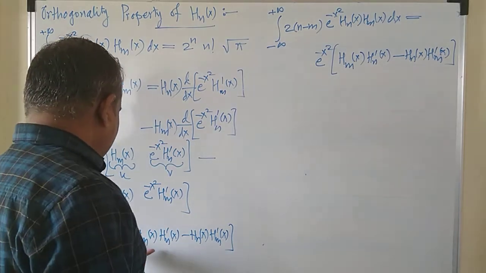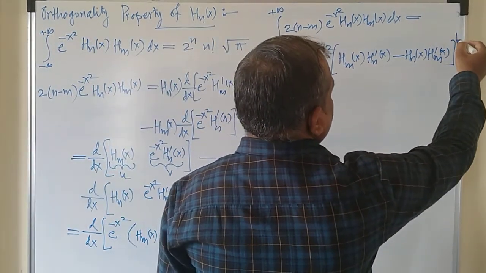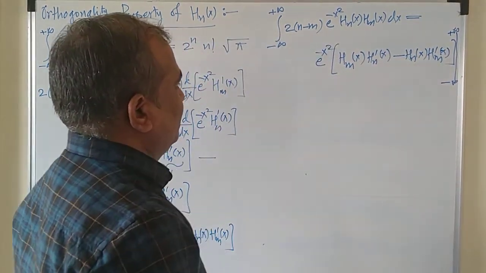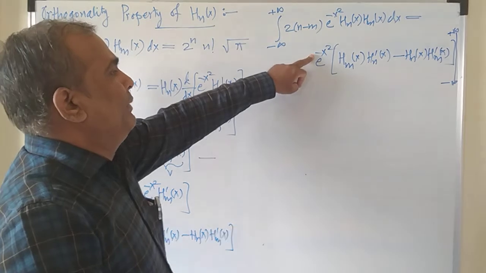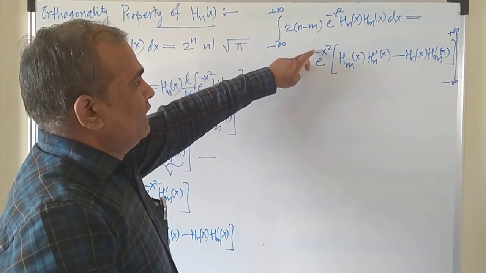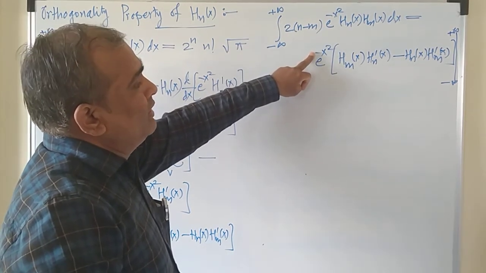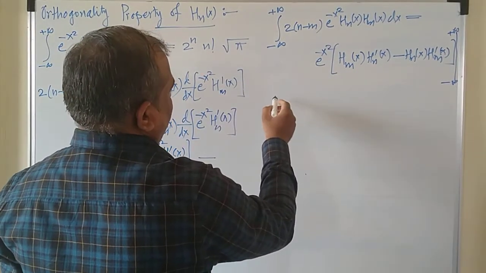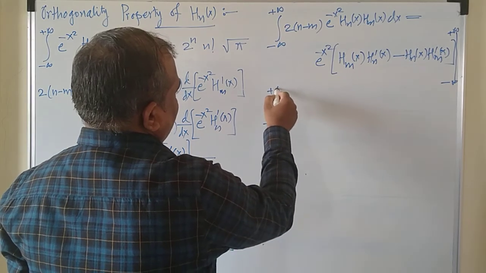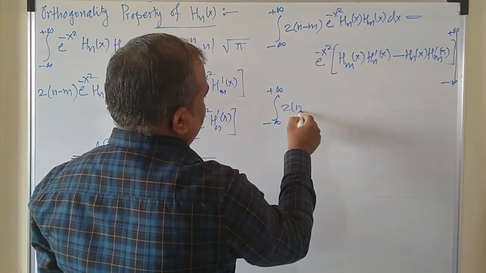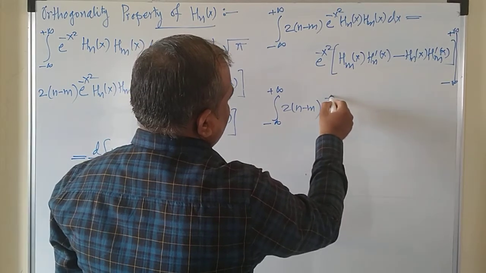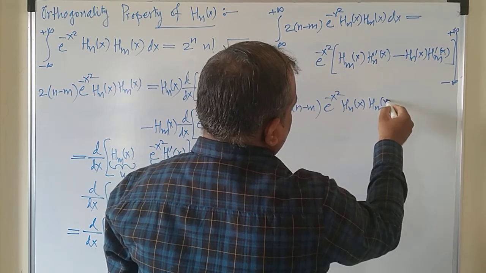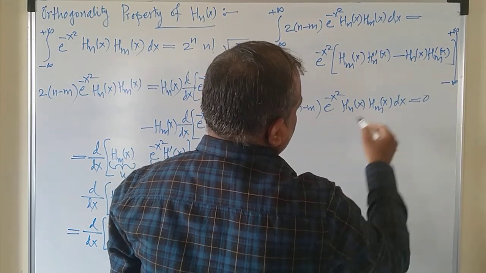And of course, after taking the integration, you should put the limits, and if you put the limits, this right hand side will give you a 0 value, because e raised to the upper limit minus infinity is 0, and e raised to minus infinity square is 0 again, so you will get this equals to 0, and therefore the integral from minus infinity to plus infinity of 2 times n minus m e raised to minus x square Hn of x into Hm of x into dx is equal to 0.